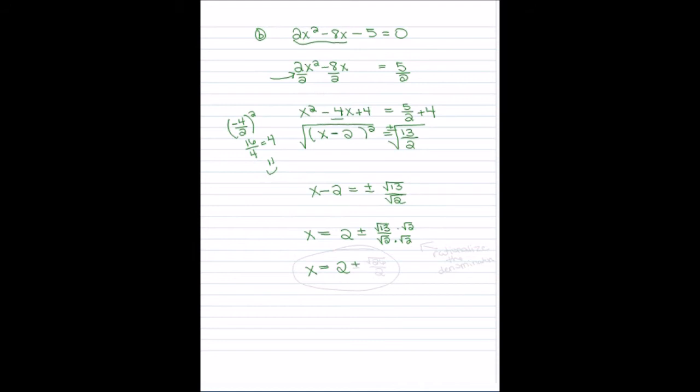So when I multiply the top, I get square root of 26, and at the bottom I get square root of 4, which is just 2. And this is called rationalizing the denominator. Some of you may run into this issue with a couple of examples, but I want to make sure I did one that shows you how to rationalize the denominator so you get the correct answer.